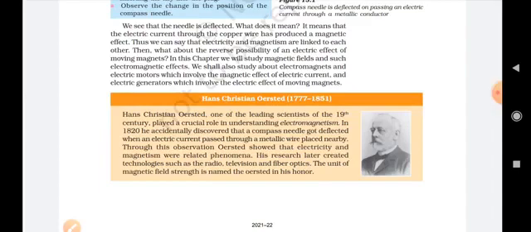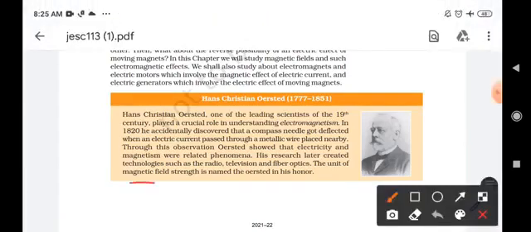It was Hans Christian Ørsted who worked on it, and because of this he was honored by naming the unit of magnetic field strength the Ørsted.